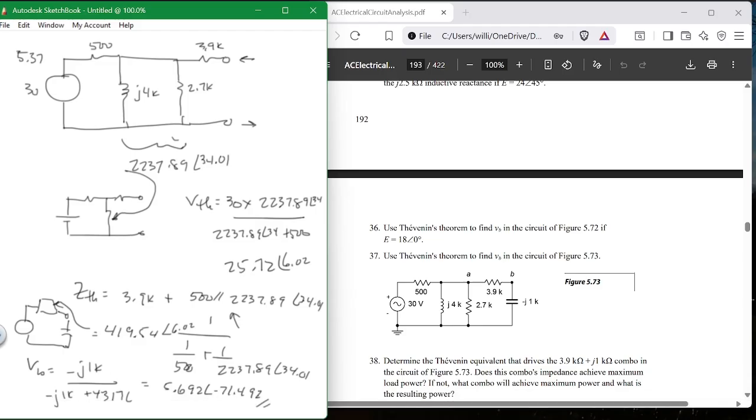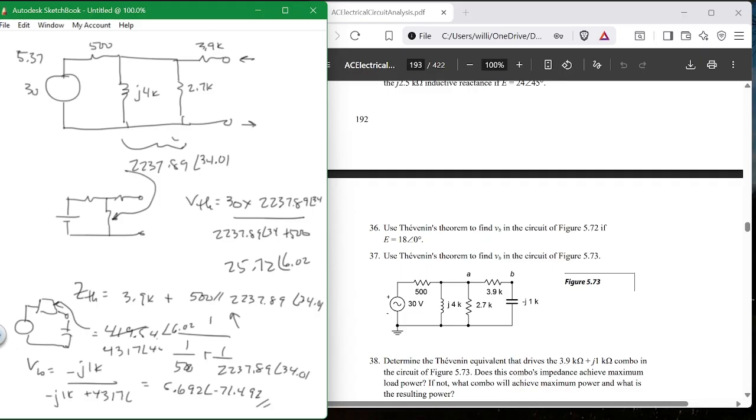My Z Thevenin is not this. My Z Thevenin is 4317 at angle 40 point at angle.